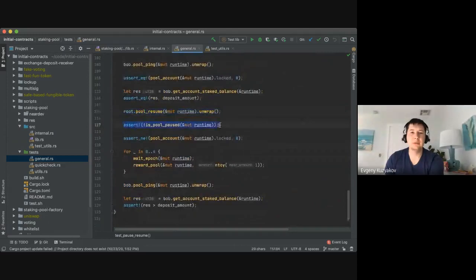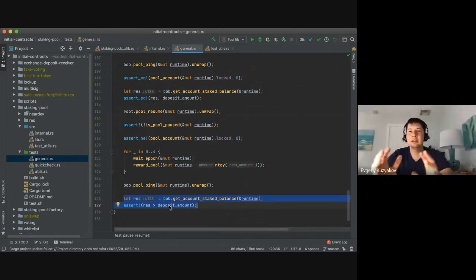We verify that the pool has resumed. The log is 0. Then we simulate that the pool has acquired some rewards, 1, then Bob pings the pool. And we verify that the amount that Bob received is positive.